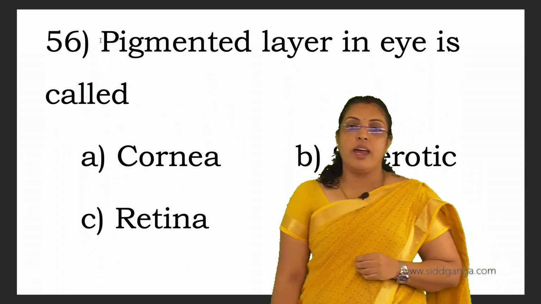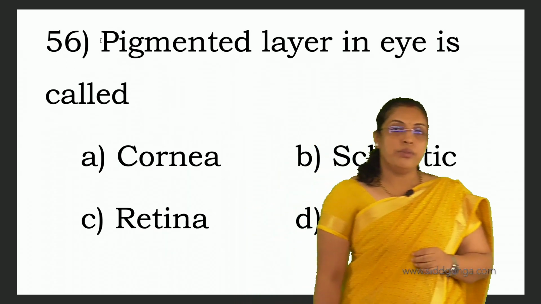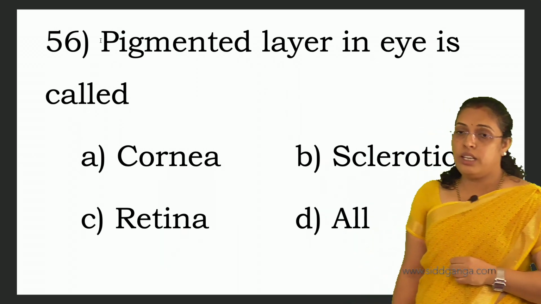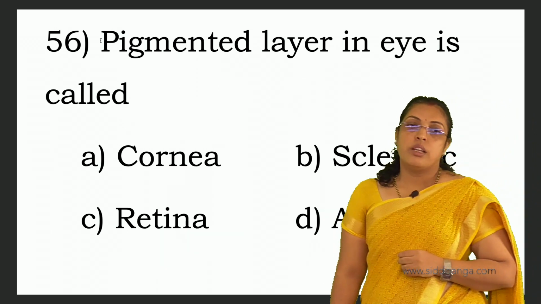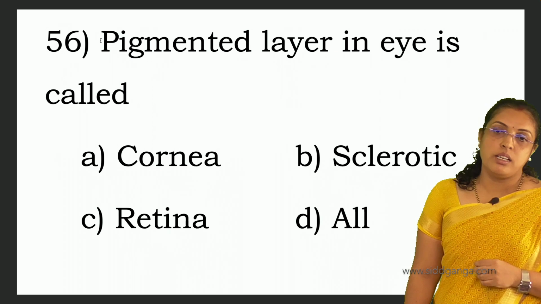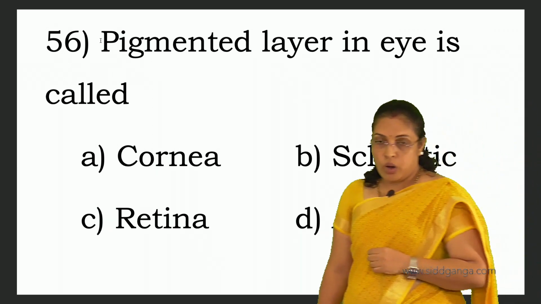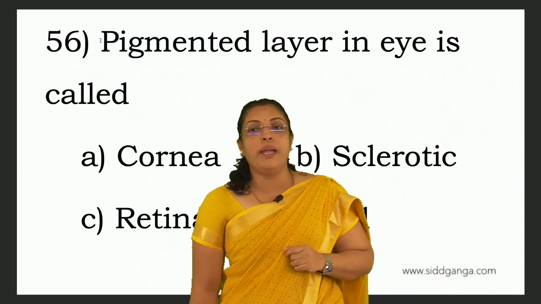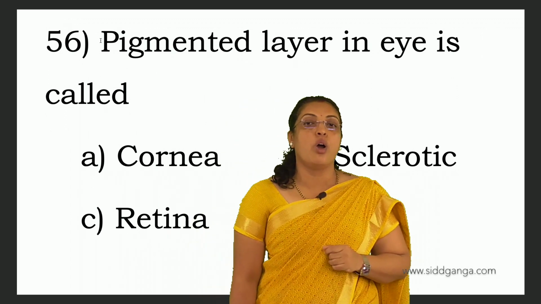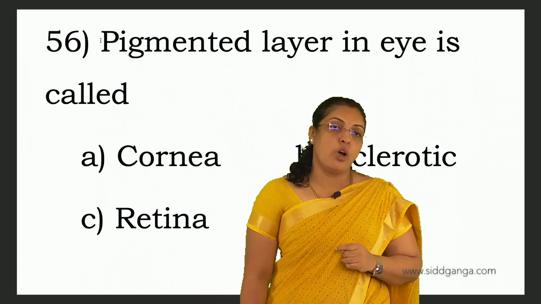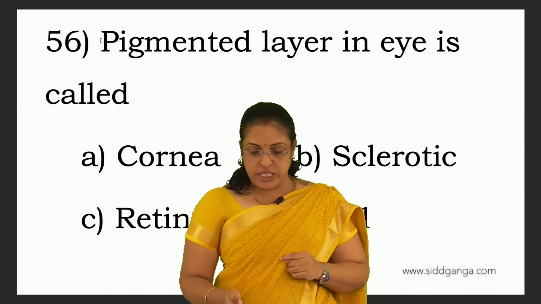The pigmented layer in the eye is called... we have 3 layers. In that they are given cornea, retina, sclerotic. So in the 3 layers, the pigmented layer in the eye is called retina. C is the answer for 56.